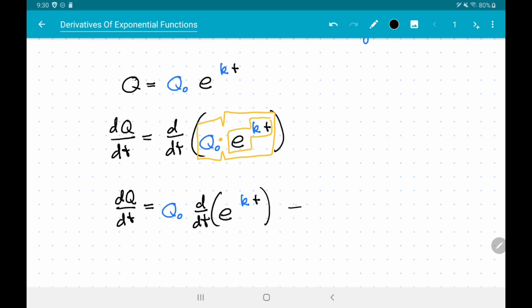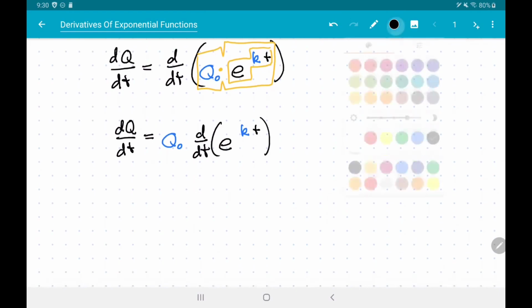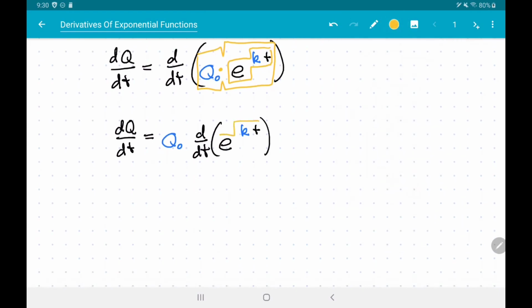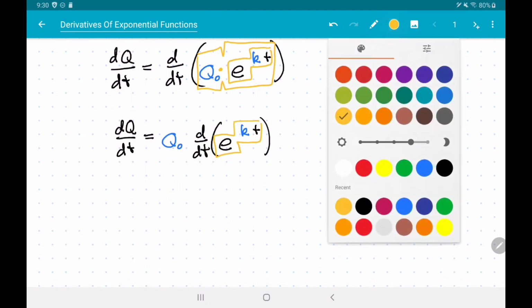If you did the full product rule, you would end up with the derivative of Q sub 0, which is 0, times e to the kt, because this again is constant. But since we really don't need to do that if it's multiplied by 0, we'll just leave it out. Okay, now we have an unfinished derivative, the derivative of e to the kt.